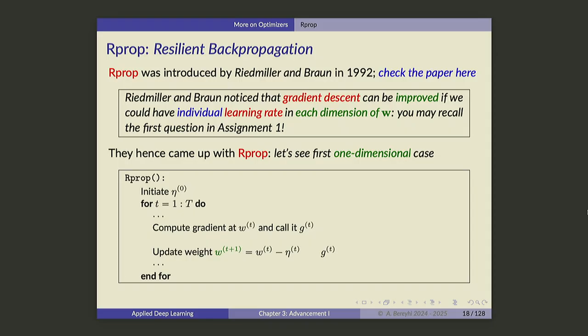This is not a vector anymore; this is a scalar, W. You want to update it. How do you update? You subtract the learning rate times the gradient. Now, one thing you can do when working with one dimension is to focus only on the sign of the gradient, right? I can only focus on the sign of the gradient.